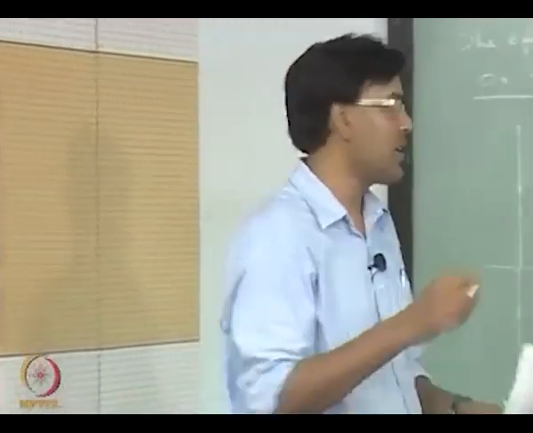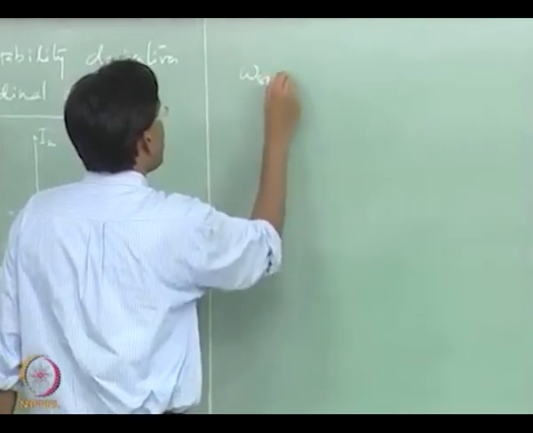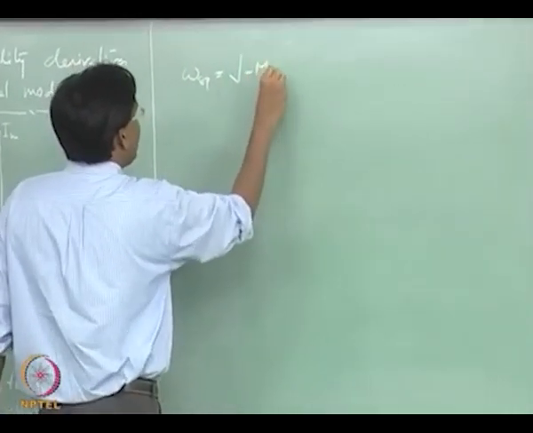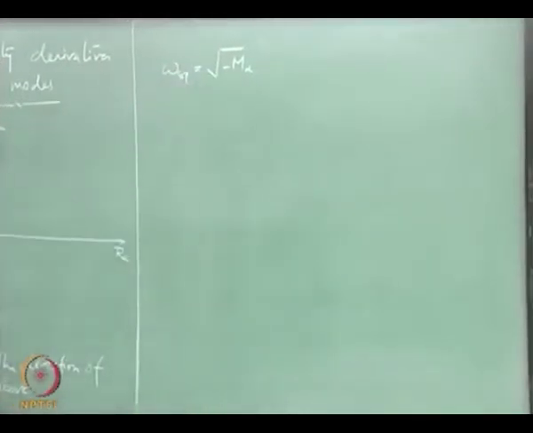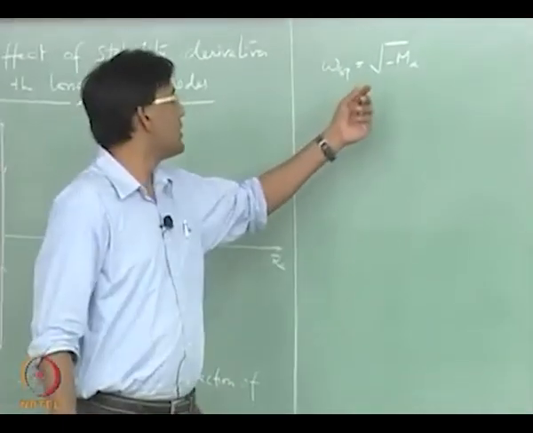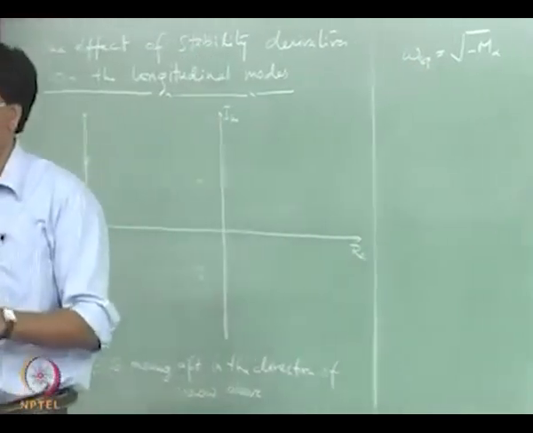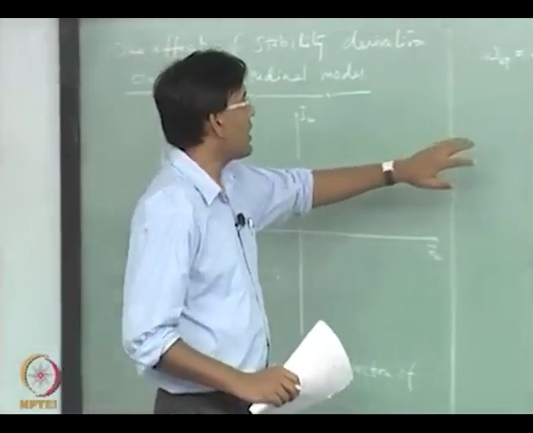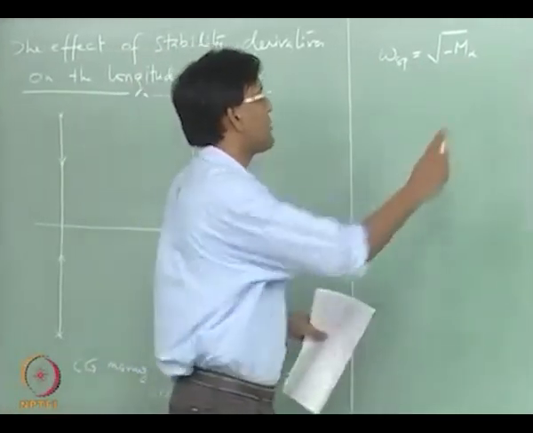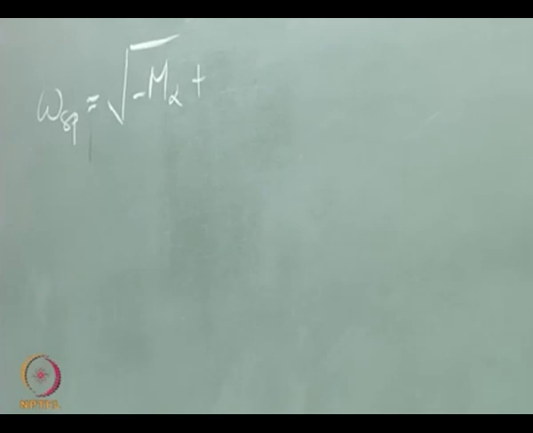We got an approximate formula for this, which was for the case when we are looking only at the constrained pitching motion. And plus something that is coming from the Z alpha term.